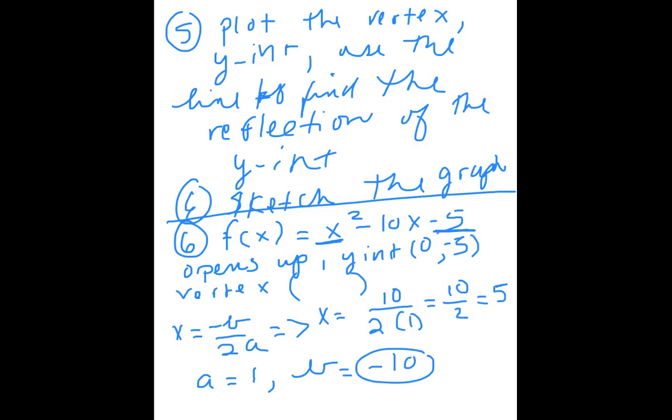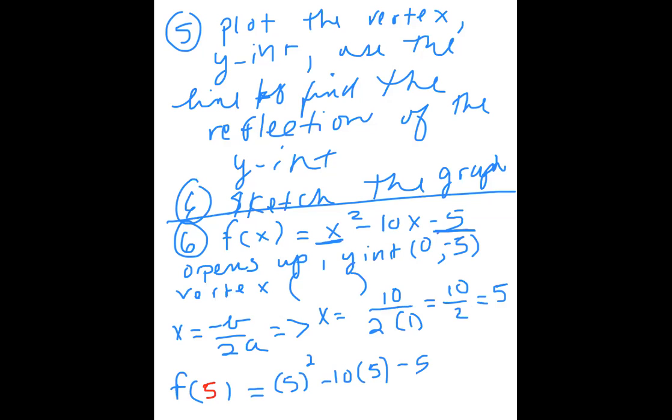Now, once you find your x value, you got to go back in and plug in the 5 into the function. So we're going to substitute 5 into the function. f of 5 will equal 5 squared minus 10 times 5 minus 5.